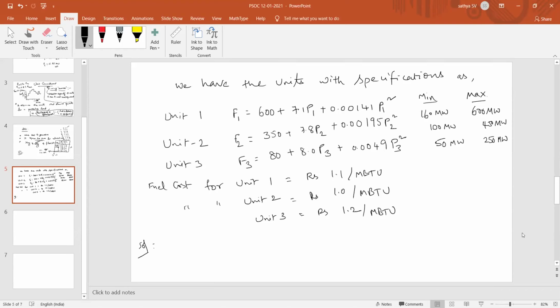Based on that value, we can come to know which one is least economical and which one is most economical. By knowing that preference, we can go for combinations as per our priority list. In order to calculate the full load average production cost, first you need to calculate the cost of each unit, your F1.